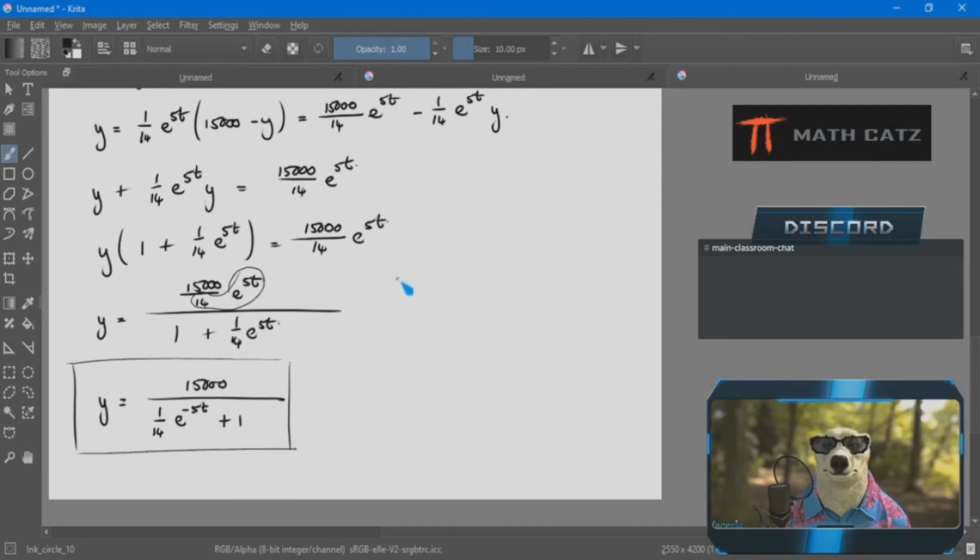And then if we were to graph this, and you can use software to graph it, do whatever you prefer. We're going to start with 1,000 here.